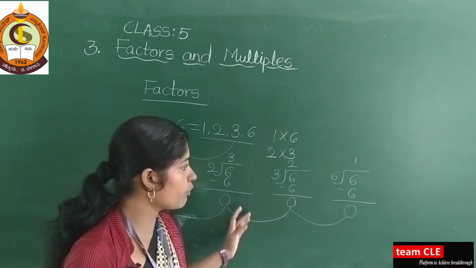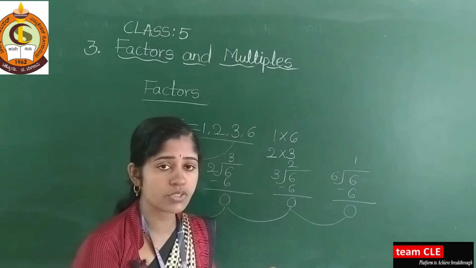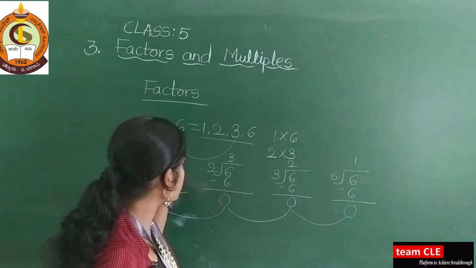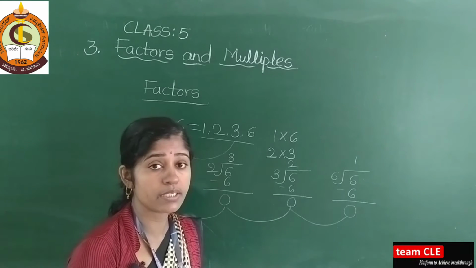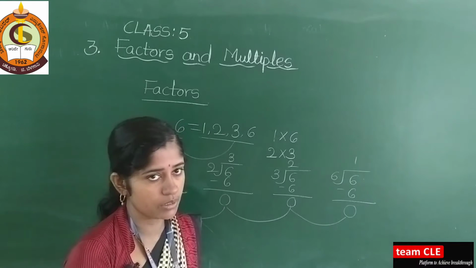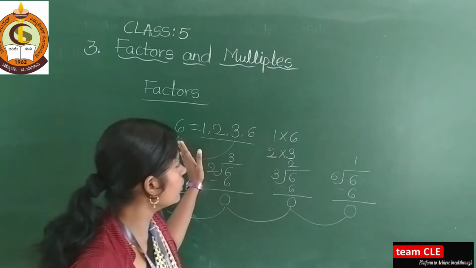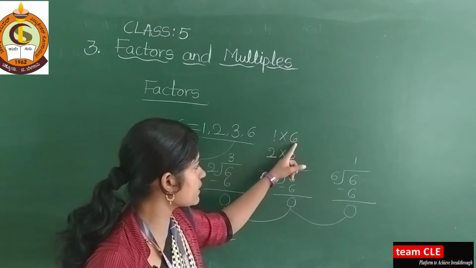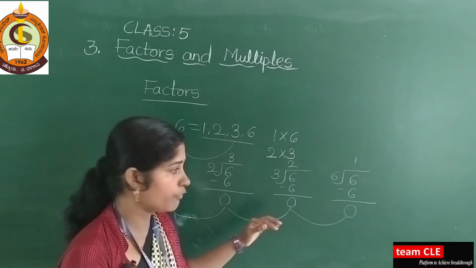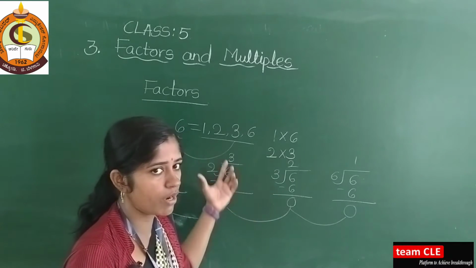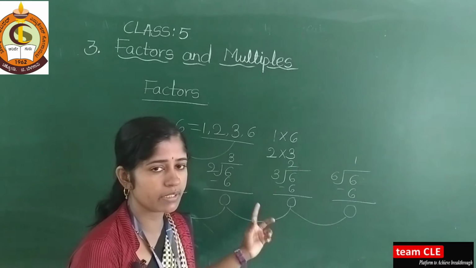If you are getting confused, then just keep this in mind. First of all, look at the number and check which table it is there in. For example, 6 is there in 1 6 are 6, 6 1s are 6, 2 3s are 6, 3 2s are 6. If you are confused, follow that method: check which tables the given number is there in.